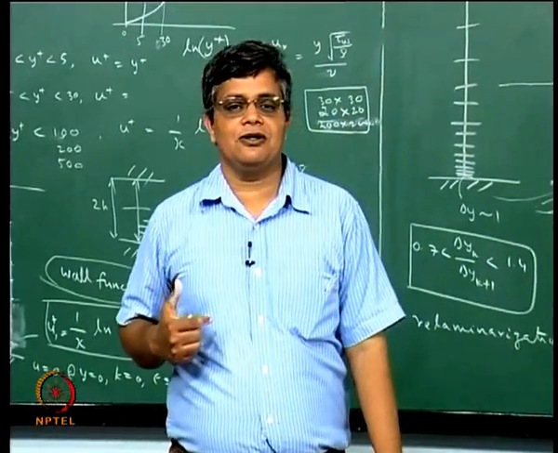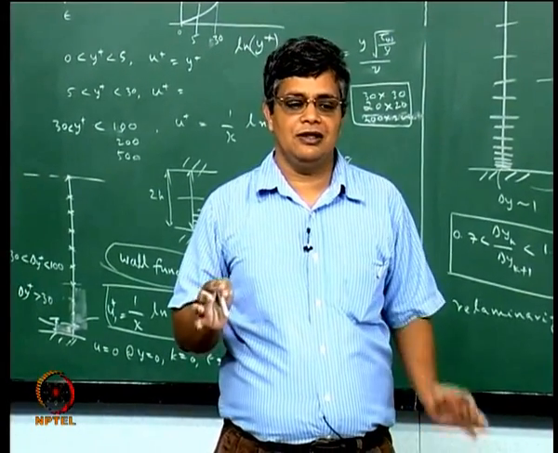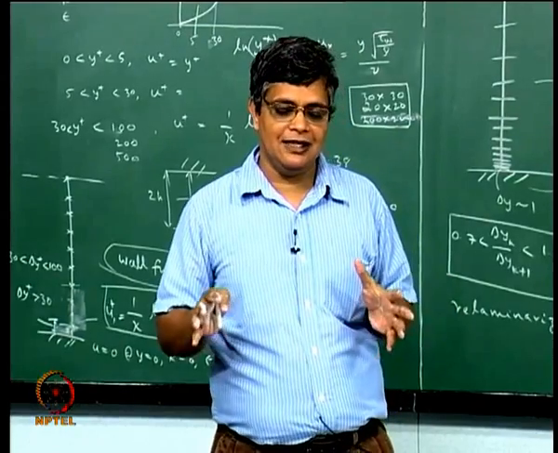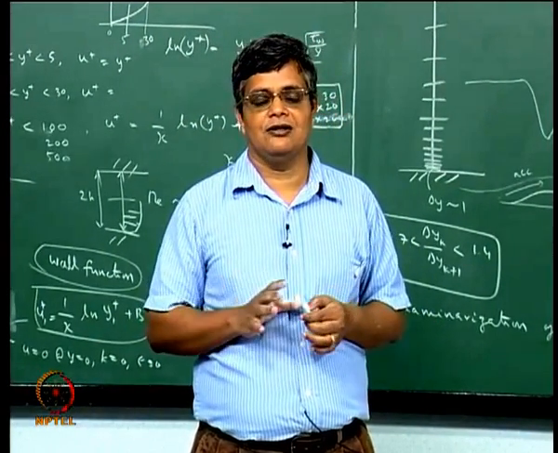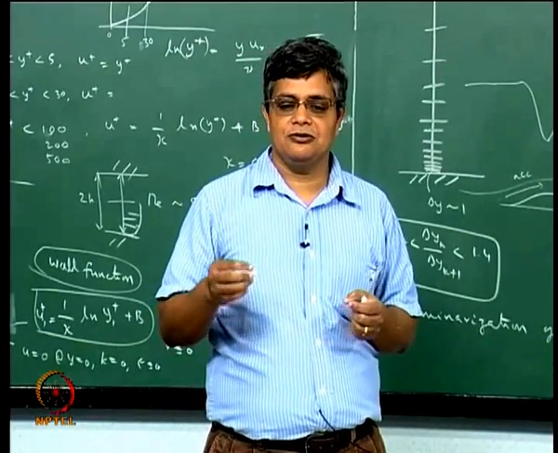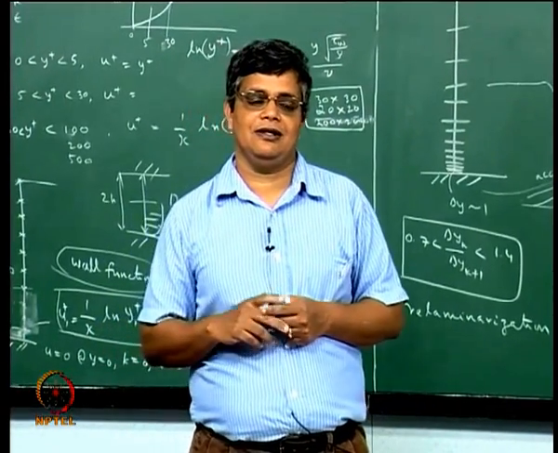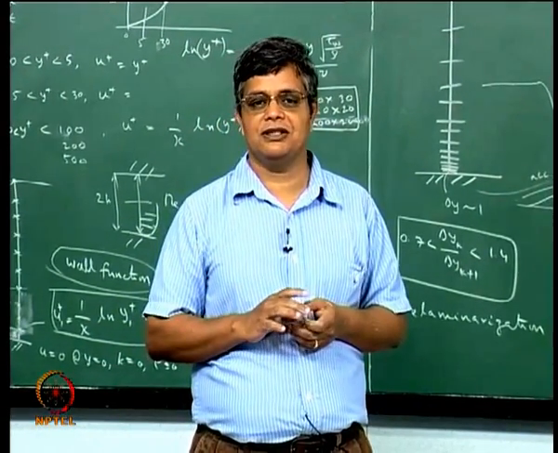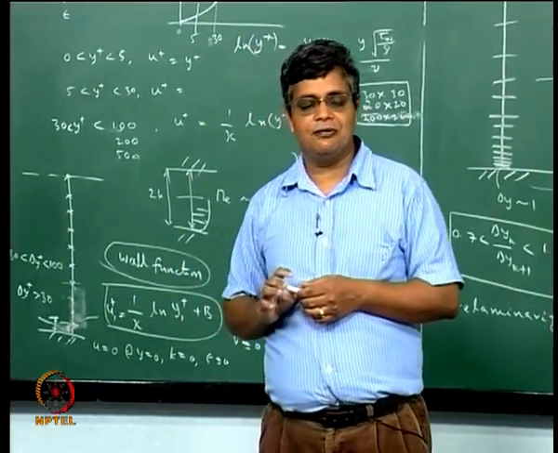Now in that sense the k epsilon model can be considered a good enough, completely specified, self-consistent model which we can use straight away without having to give ad hoc fixes like we have to do for the case of the mixing length model. But this has some deficiencies.